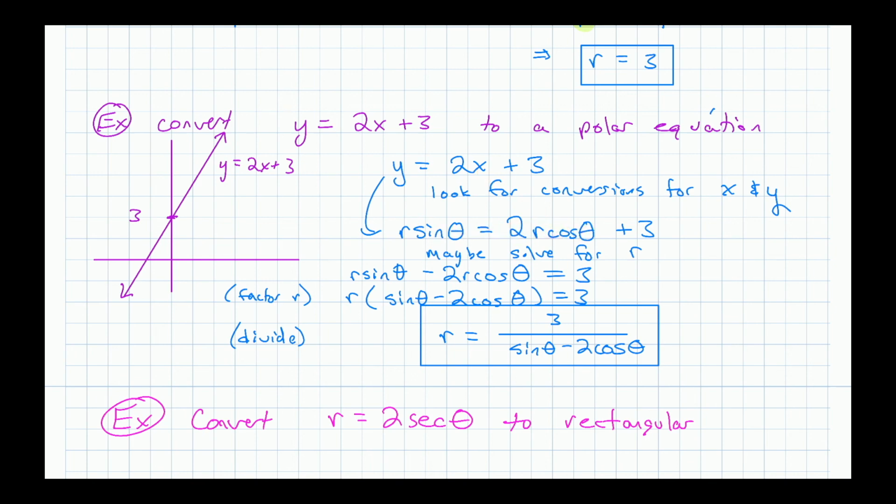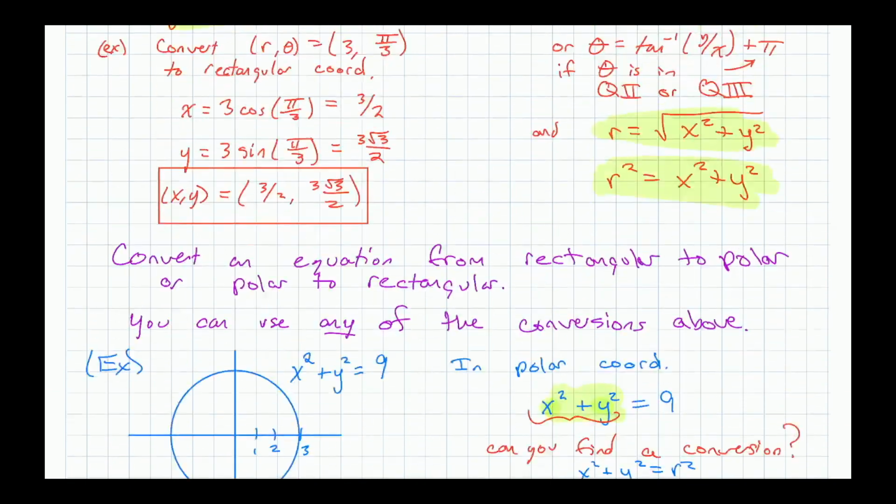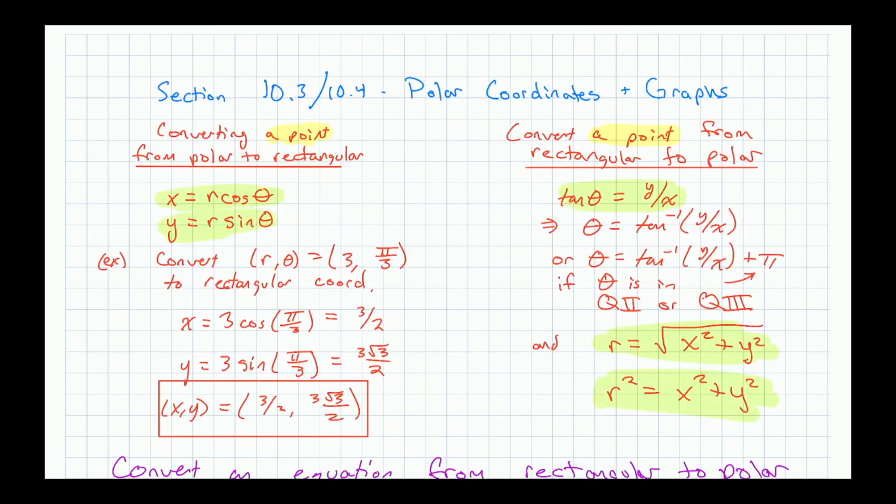And then that's easy. The problem with going the other direction is if you look at your conversion factors, right, you do have an easy one for r, but you don't have an easy one for theta, right? Theta is this nonsense. So you don't really have a good one for theta. So you don't want to use these very much. You would prefer to use these still because they're easier.